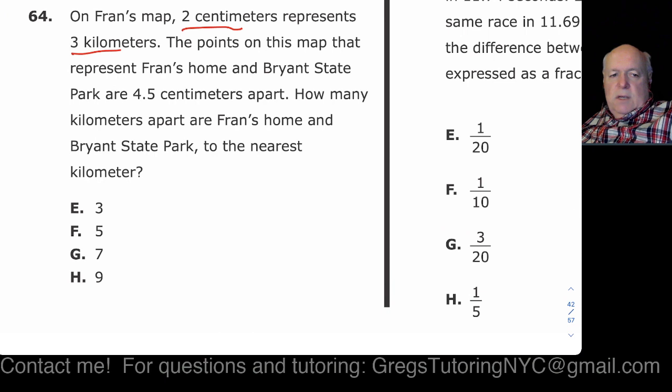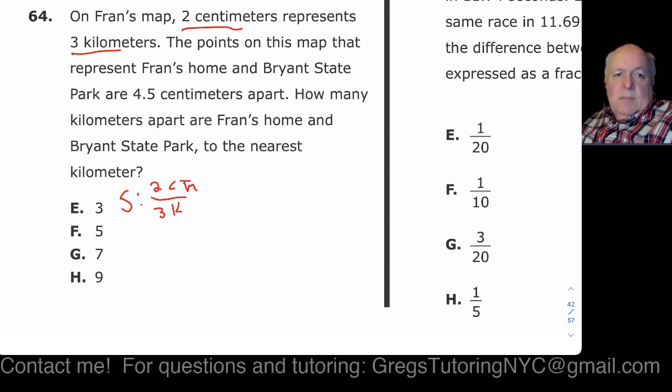So usually we should write it because it's going to be helpful to us. So 2 centimeters is 3 kilometers. Okay, so this is basically also related to unit conversions as well, but a scale is a user-defined unit conversion.